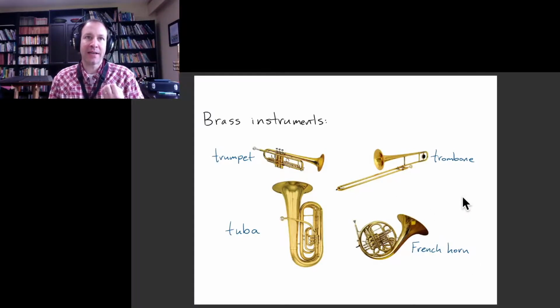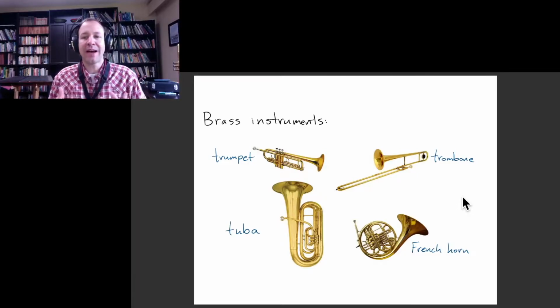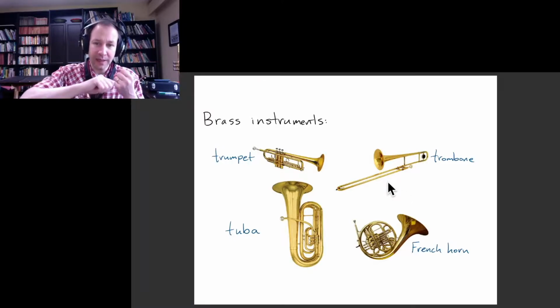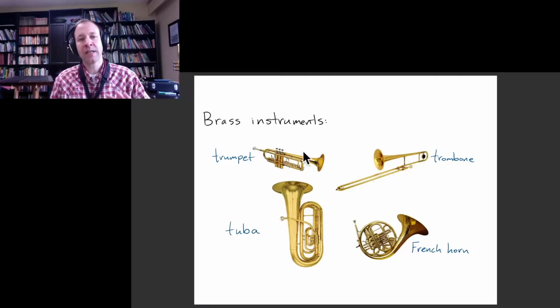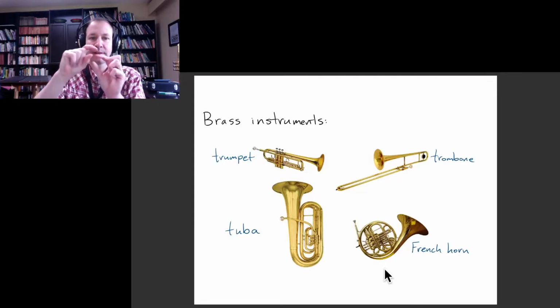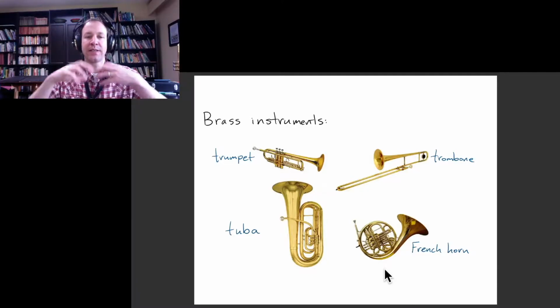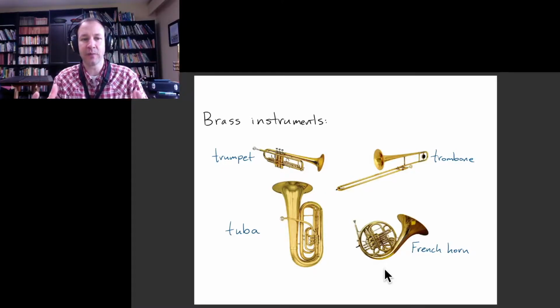And so in order to adjust the length of the tube to play different notes, what you have is either this slide that you have in the trombone that allows you to make the tube vary continuously in length, or you have the valves on the trumpet or the tuba or the French horn, which allow you to add little segments to the tube, depending on which buttons you've pressed, which then adjusts the length of the tube.